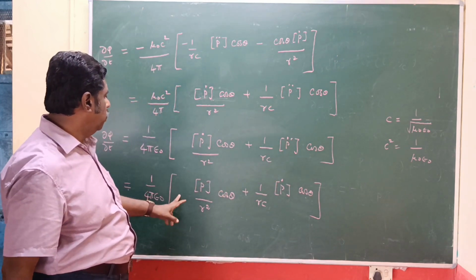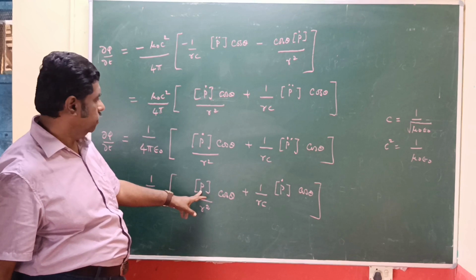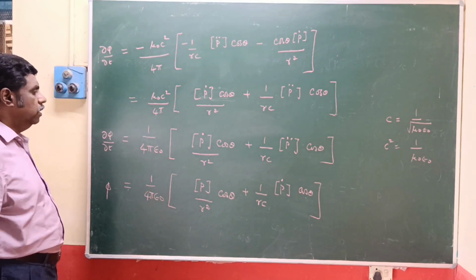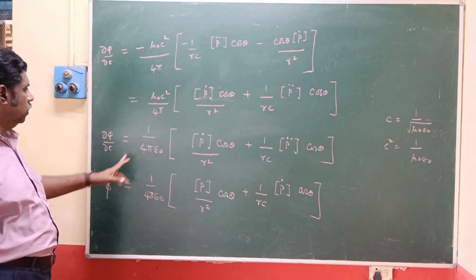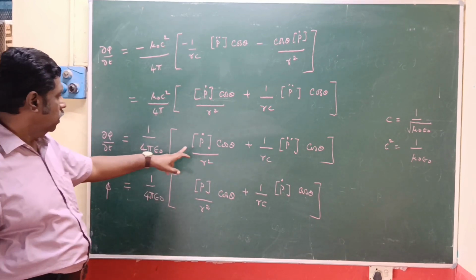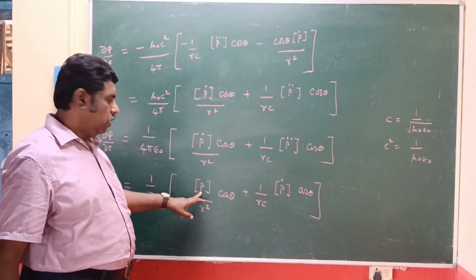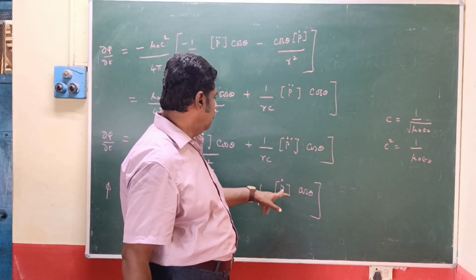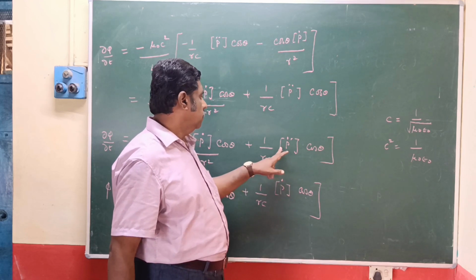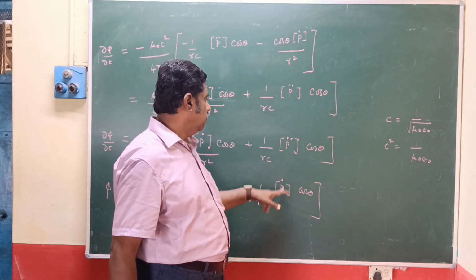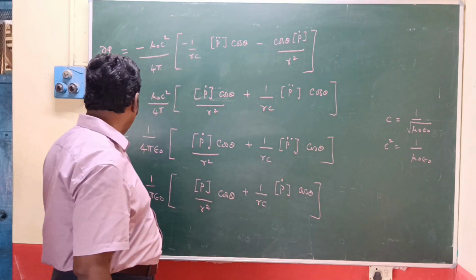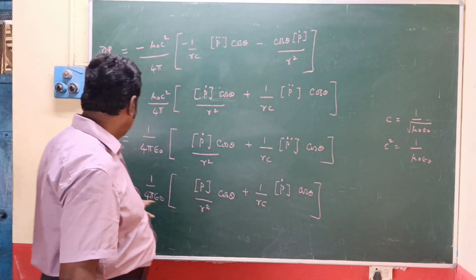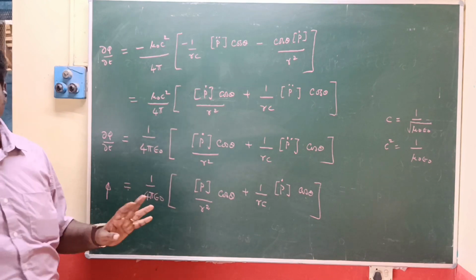We may cancel ∂/∂t entirely on both sides. So φ equals 1/(4πε₀) [p] inside the square bracket divided by r² cos θ plus 1/(rc) [p single dot], because ∂/∂t of p single dot is p double dot, multiplied by cos θ. This is the value of the scalar potential.